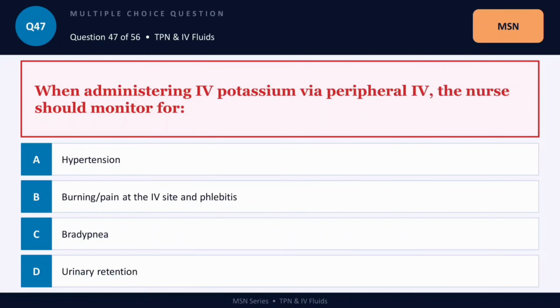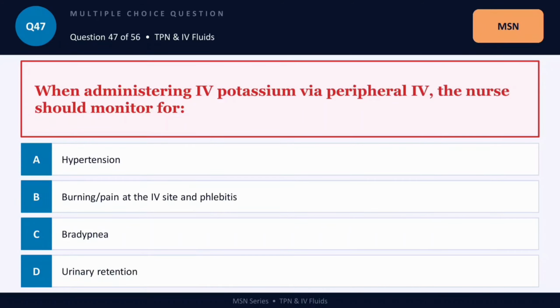Question number 47. When administering IV potassium via peripheral IV, the nurse should monitor for option A, hypertension, option B, burning, pain at IV site and phlebitis, option C, bradypnea, option D, urinary retention.